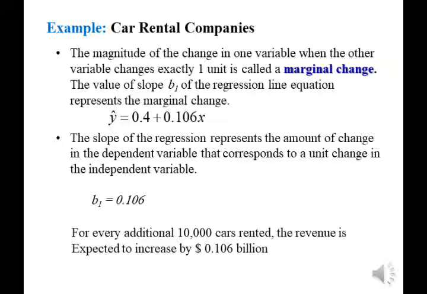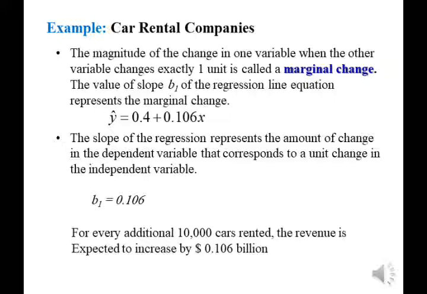Generally speaking, we said B1 is negative, which is the case here. Then, whenever X increases by 1, Y increases by the value of B1. Now, in our exercise here, the one of X is 10,000 cars, and the one of Y is $1 billion.